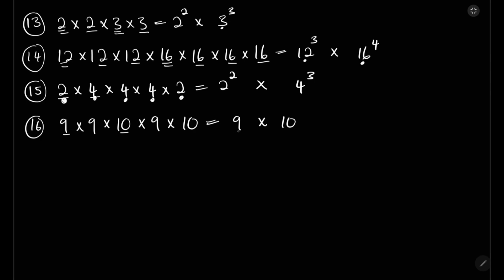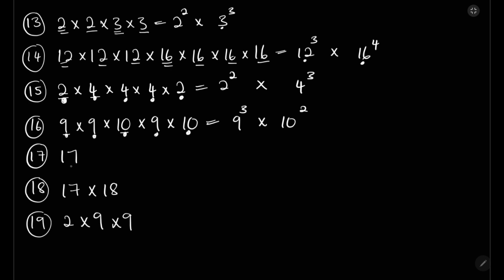How many times does 9 appear? You have 1, 2, 3. So this will be 9 to the power 3 times 10. How many times does 10 appear? You have 1, 2. So that will be 10 to the power 2.